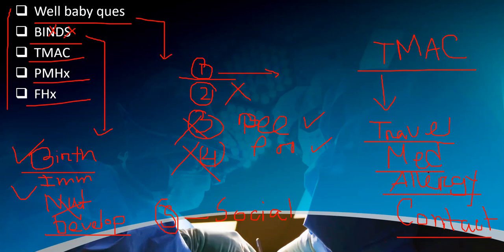So, any recent travel history? Is he on any kind of medication? Any history of allergy? Any contact with someone having a similar complaint? Just in one go, you can ask it if you have a lot of time. Otherwise, TMAC is not very important for this particular cluster, but in some clusters, like the cough cluster, it will be important.